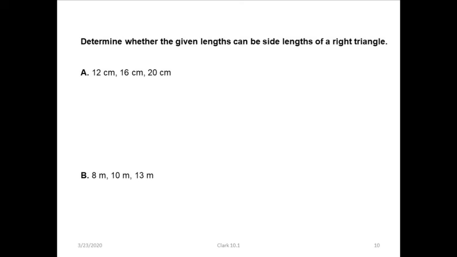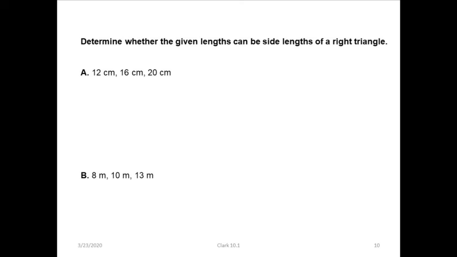Another example. 8 meters, 10 meters, 13 meters. What is the first step here? To identify what is our c, and the remaining are your legs. What is our c here? That is 13 meters, correct? The biggest number in the three. So, square your a. The a here is 8. What is the square of 8? 64. What is the square of b?